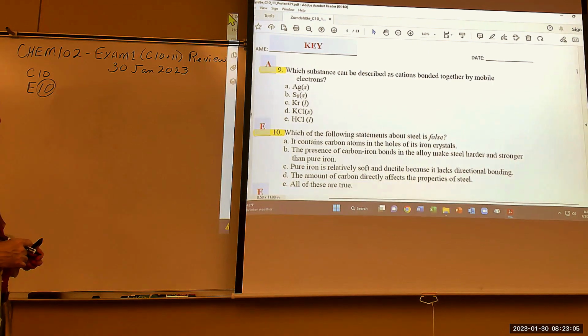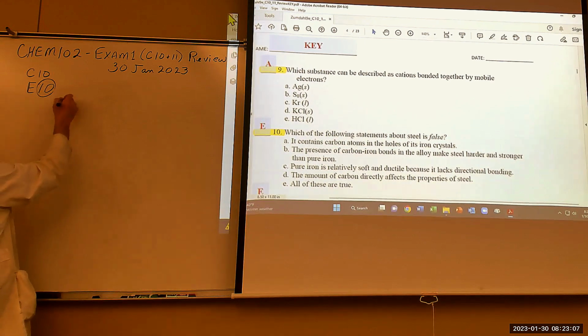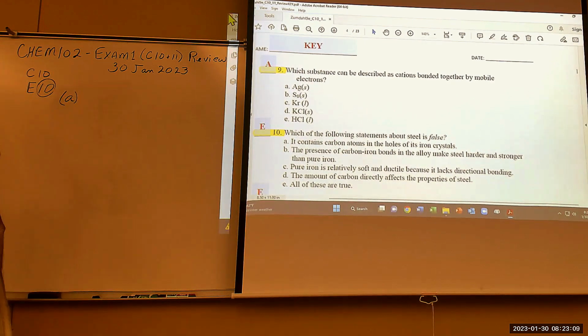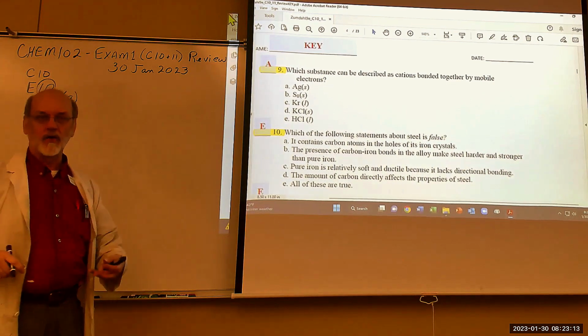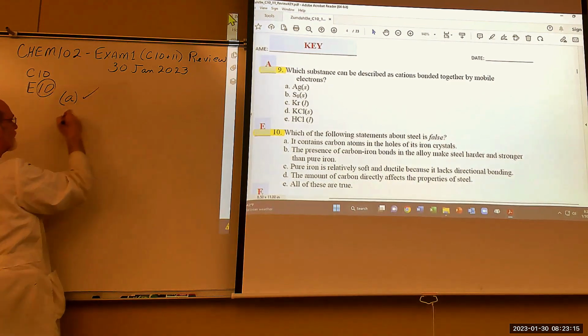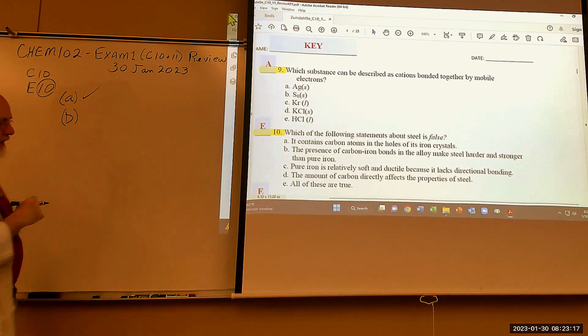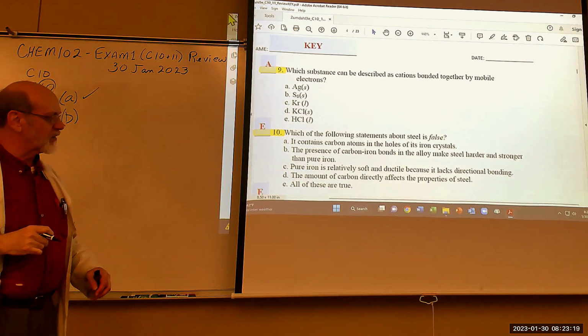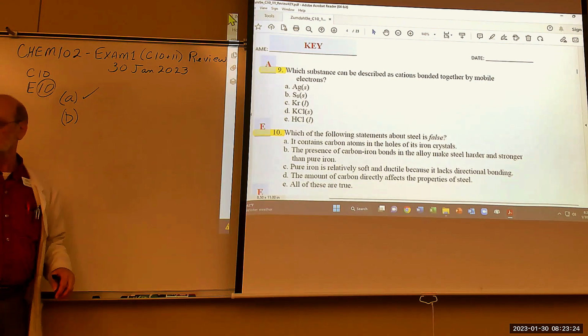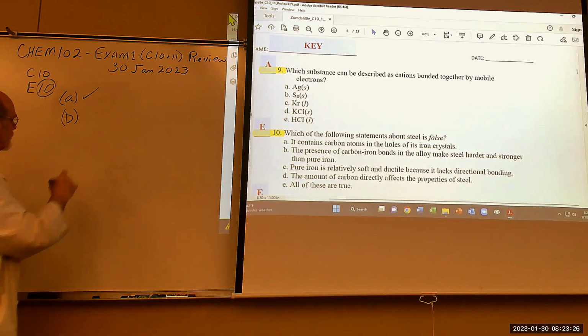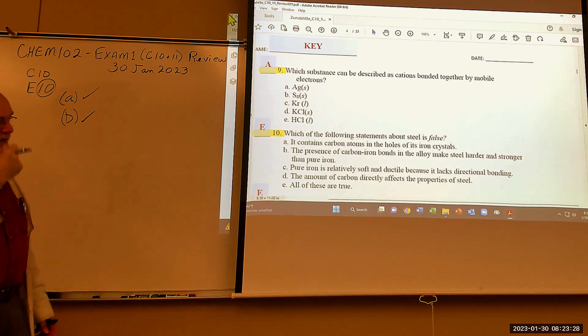It contains carbon atoms in the holes of its iron crystals. Is that true? It's an interstitial alloy. About B, presence of carbon iron bonds in the alloy makes steel harder and stronger than pure iron. Yep, that's one way of looking at it.